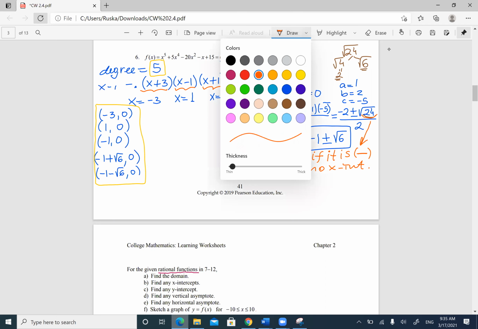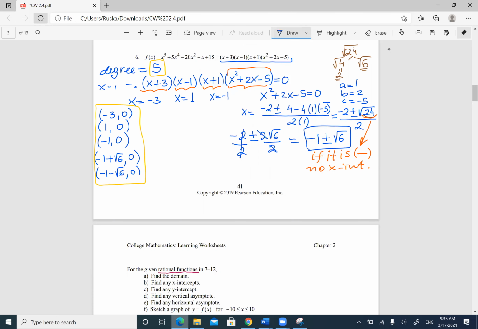And we have one more thing to find. We have to find the Y-intercept. So how do you find the Y-intercept? Finding the Y-intercept is plugging in x equals 0. And in that case, it's easier to use the first form. So using this form, it's going to be 0 to the 5th plus 5 times 0 to the 4th minus 20 times 0 squared minus 0 plus 15.